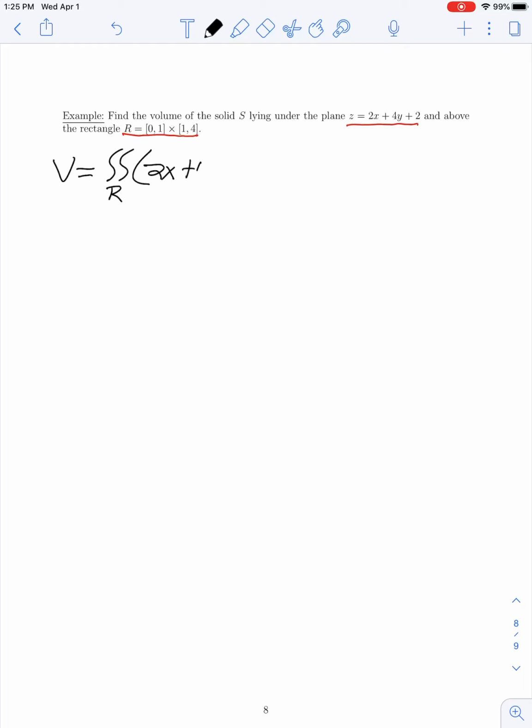So to get the volume of this solid that lies underneath our function and above the rectangle R, we would be evaluating the double integral of our function, 2x plus 4y plus 2, over the rectangle R.